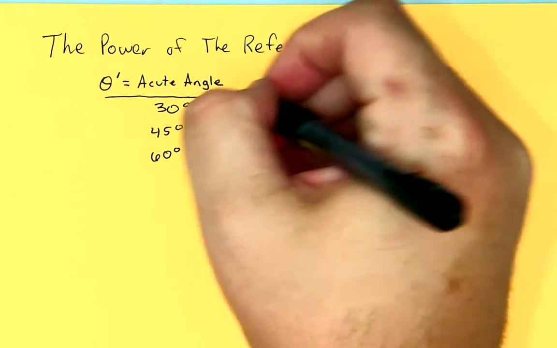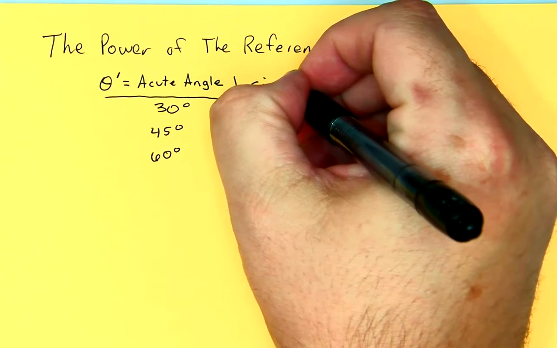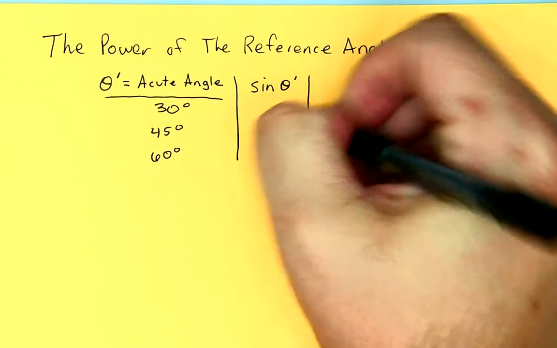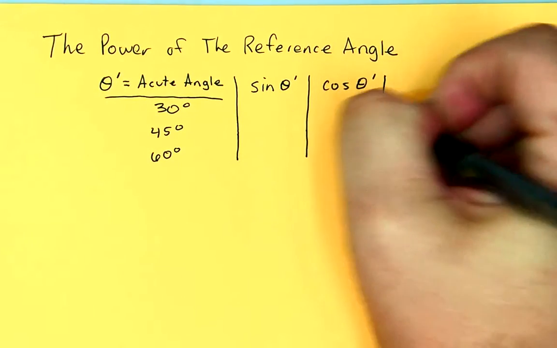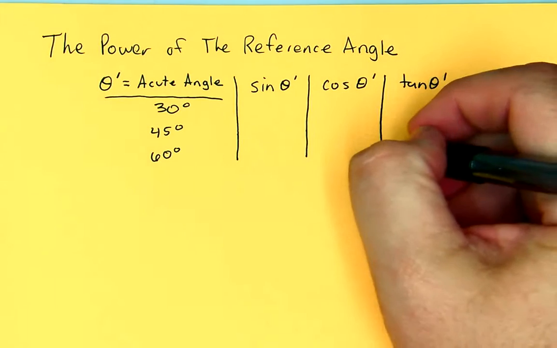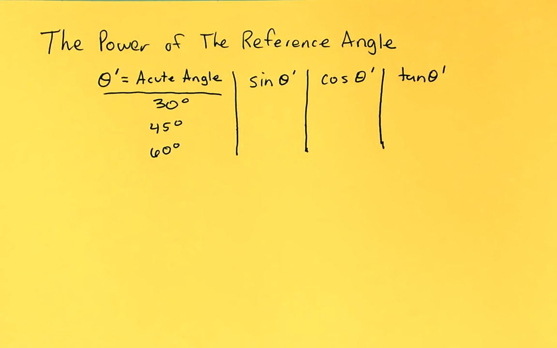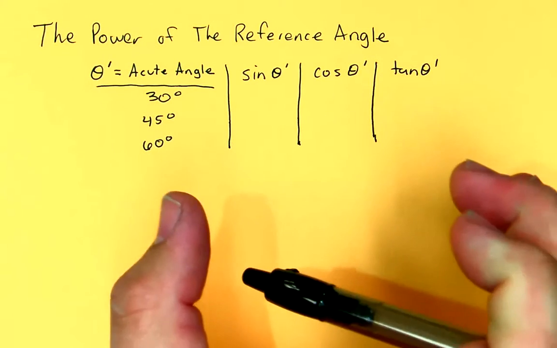So we can build a sine of theta prime, a cosine of theta prime, and then the tangent of theta prime. I'll let you build the secant, cosecant, and cotangent, which are your reciprocal functions, but I'll just focus on sine, cosine, and tangent for this.